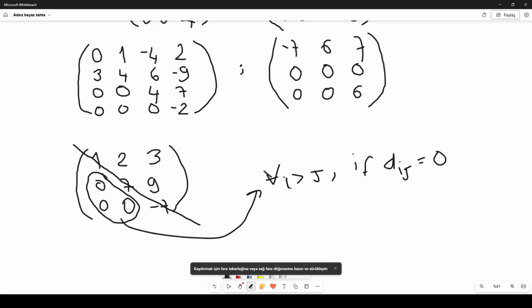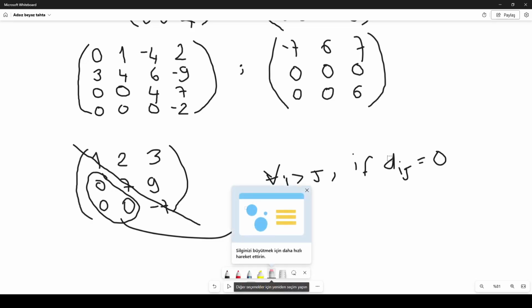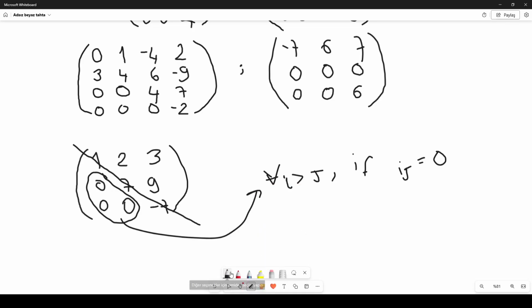Here i represents the row number, and j represents the column number.